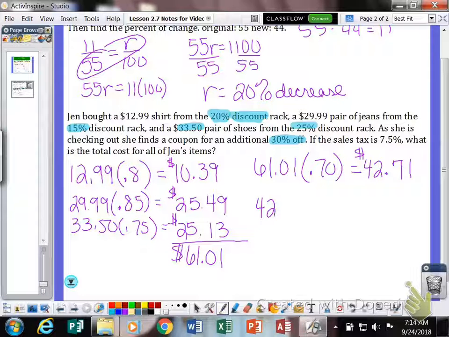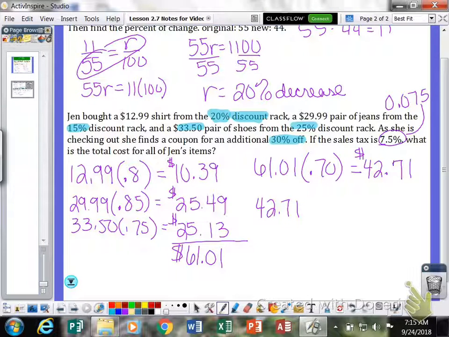So 42.71. Now, the tax as a decimal would be 0.075. This would just be the tax, but I also have to pay for the 42.71.